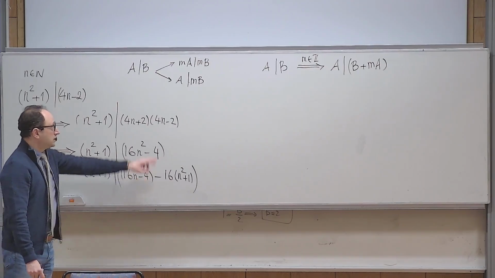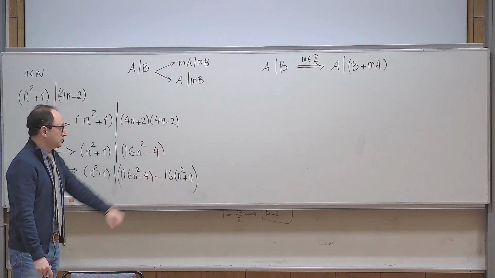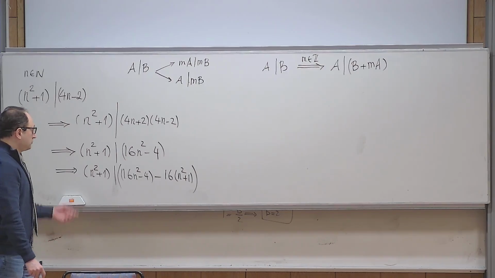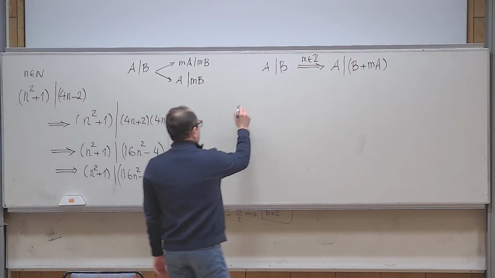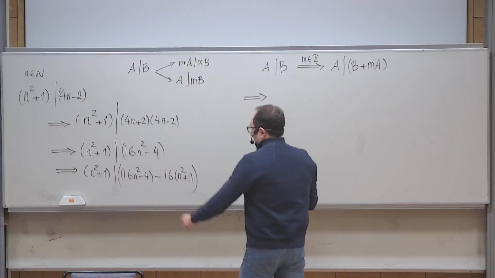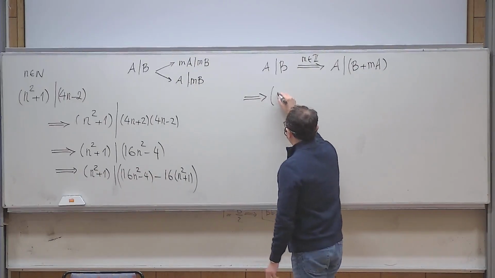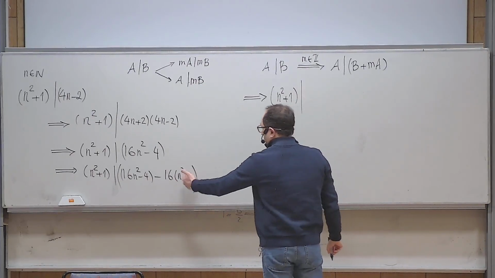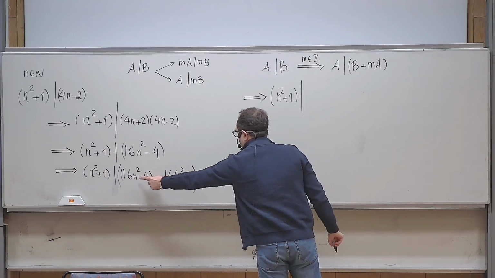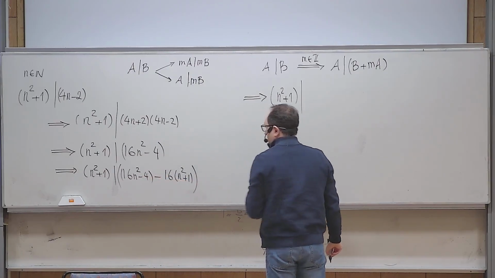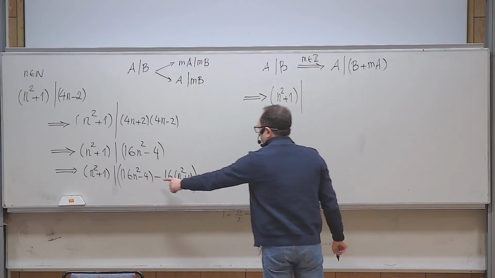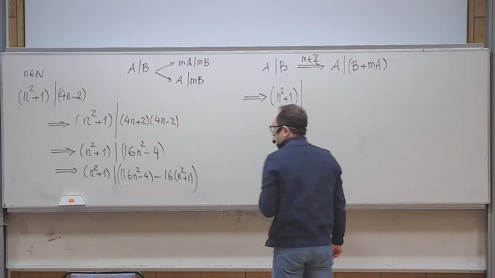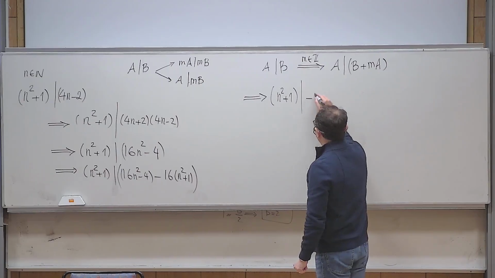I have chosen that m in the theorem to be minus 16. But why is it good? Because now I can go forward and copy and paste the left side, n squared plus 1. And on the right-hand side, I can open up the pair of brackets. So 16n squared there and minus 16n squared here are gone. And I have a minus 4 and a minus 16, which becomes minus 20.